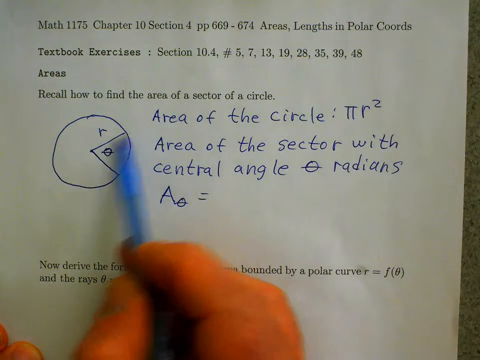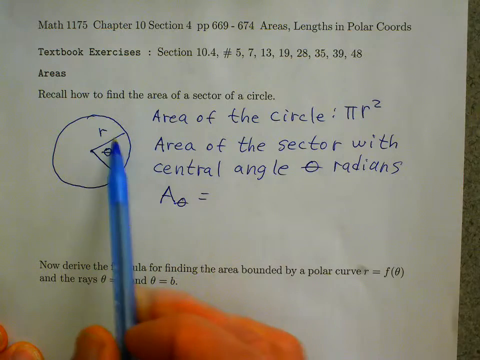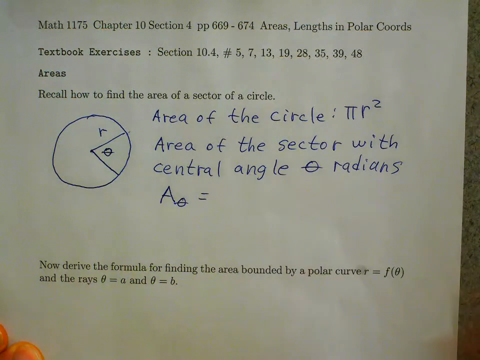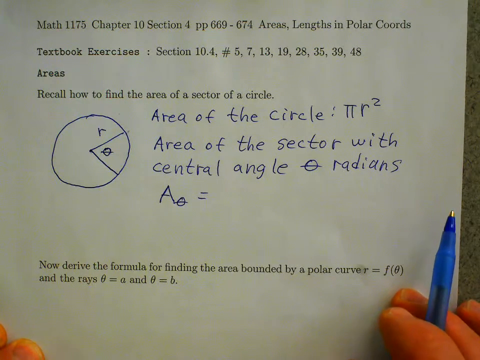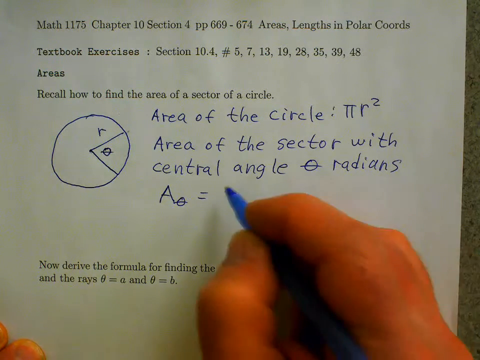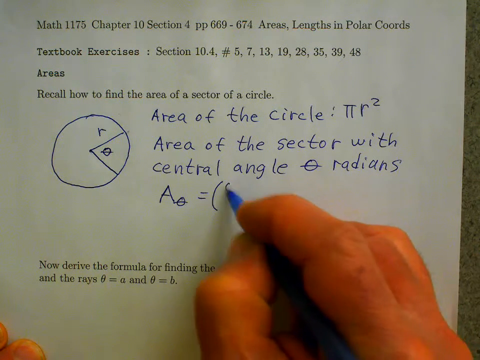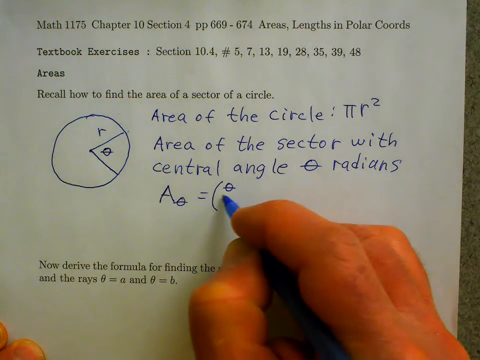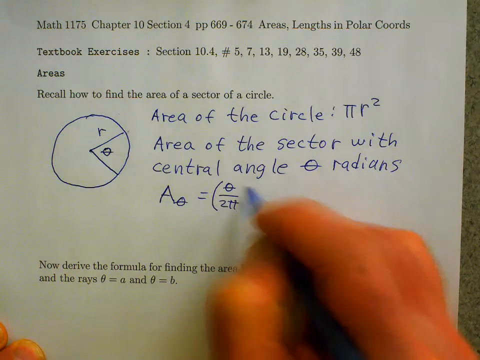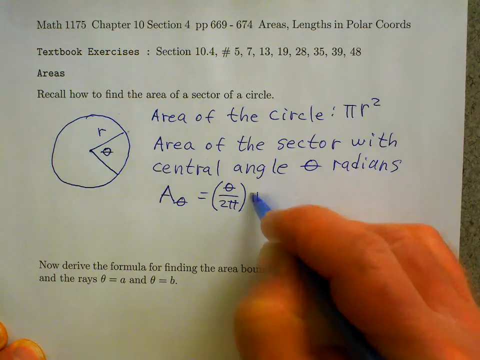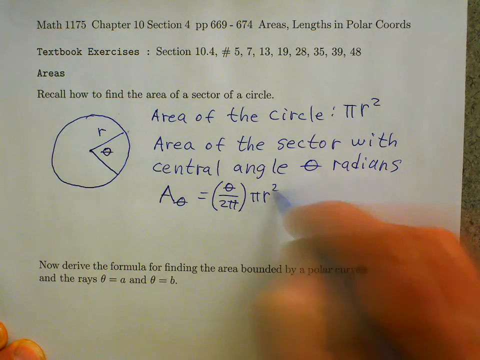The area of the sector is just a fraction of the area of the circle. What fraction is it? Well, it's theta over 2 pi times the area of the circle.